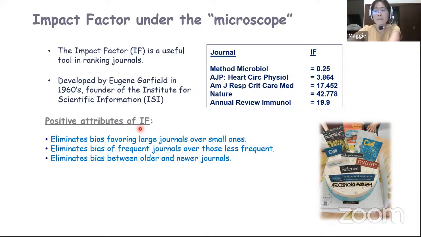The impact factor can also eliminate the bias of frequent journals over less frequent ones. If a journal publishes an issue every month or half month, it has a larger total number of publications, so the citation will be higher.